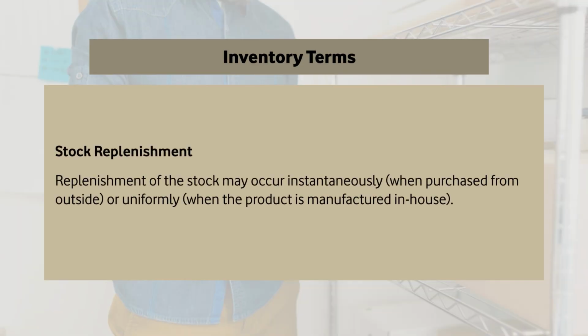What is stock replenishment? Replenishment of the stock may occur instantly when the purchase is from outside, or uniformly when the product is manufactured in house. That means how we replenish the stock, how to replace the stock.